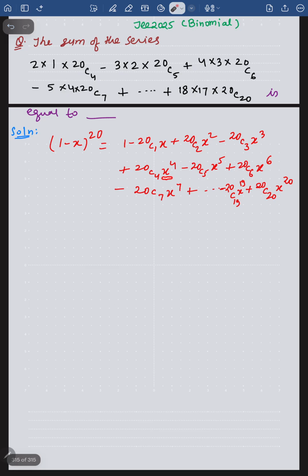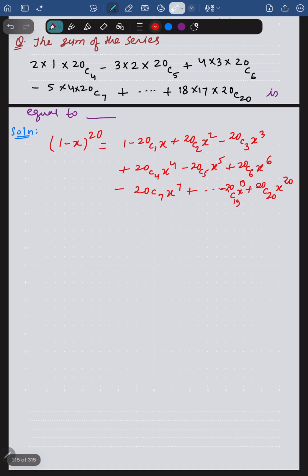So we make one modification: we divide the whole expression by x square. After dividing by x square, the x power 4 term gives x power 2, the next gives x power 3, and after differentiating continuously 2 times, these give this type of coefficients. Yes or no?